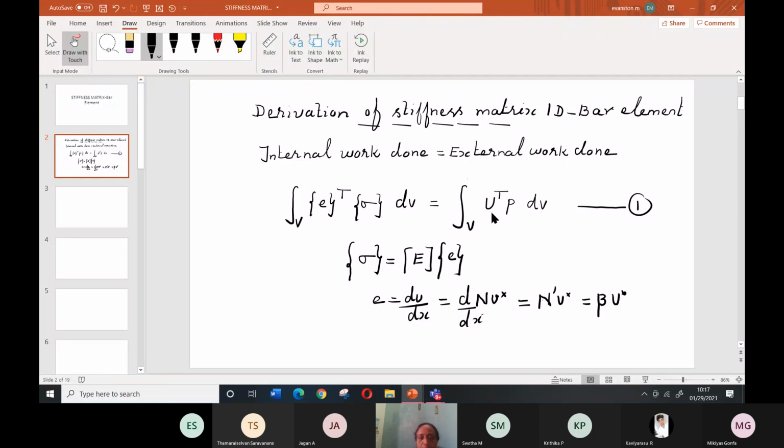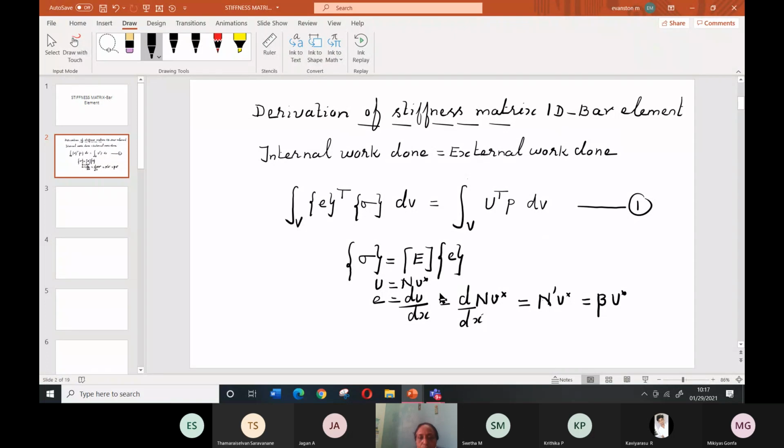Similarly, u, I can take it as u is equal to N into u star.